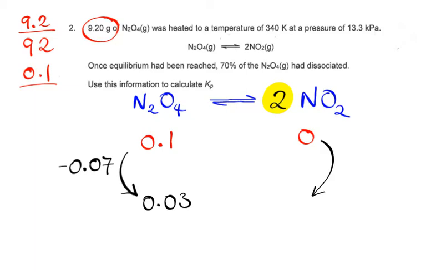Over on the other side, remember they're reacting in a 2-to-1 ratio, so if the N2O4 has gone down by 0.07 moles, then this will go up by twice that amount, which is 0.14 moles.